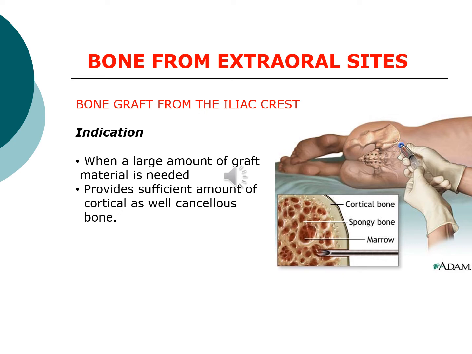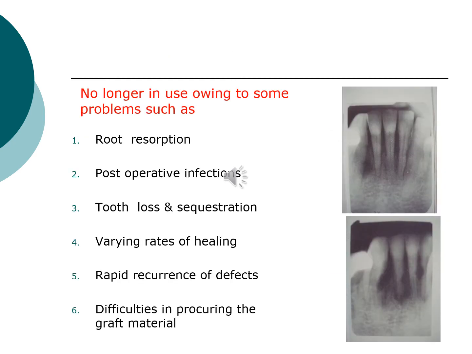But this procedure requires hospital admission, and it has to be done under general or spinal anesthesia. Recently, this graft from the iliac crest is no longer used for perio defects.